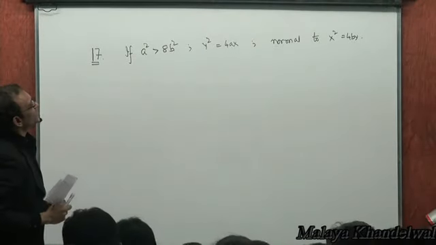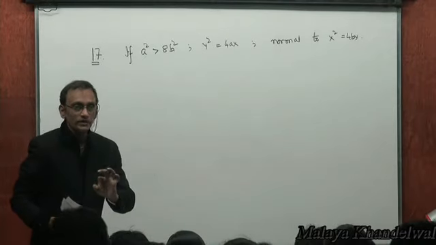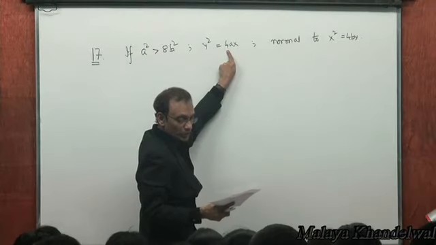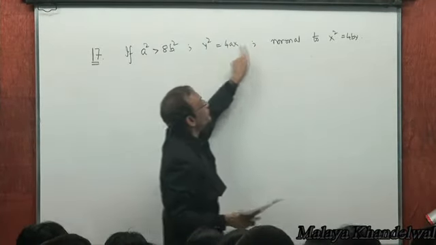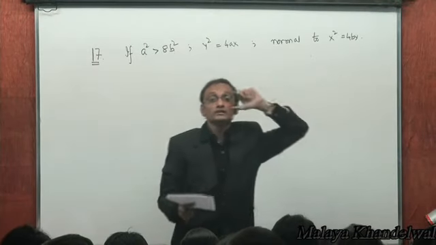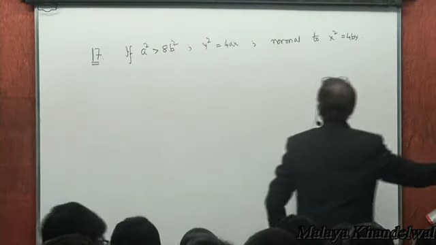We want to show that if a squared greater than 8b squared, then there will exist a point from where, when you draw the 2 tangents to the parabola, those two tangents would be normal to this parabola given a squared greater than 8b squared, right?